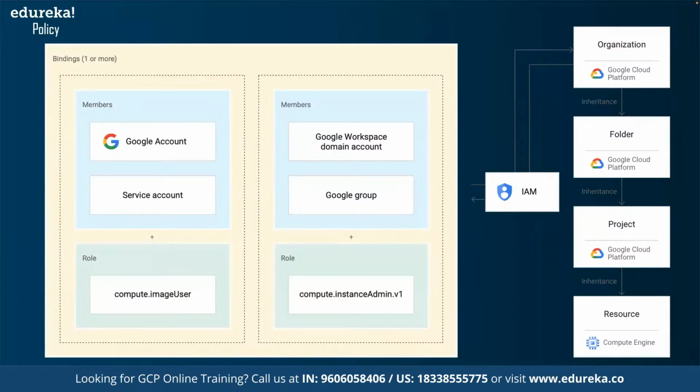Now, while working, you can set an allow policy at any level in the resource hierarchy, be it at the organization level, the project level, or the resource level. The resources inherit the allow policies of all of their respective parent resources. The effective allow policy for a resource is the union of the allow policy set on the resource itself as well as the allow policies inherited from higher up in the hierarchy.